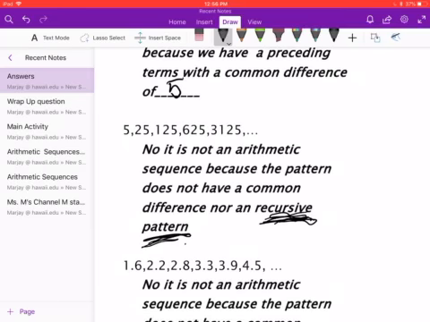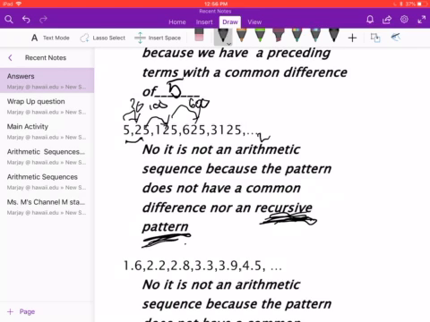So yes, this is not an arithmetic sequence because from 5 to 25 they added 20, but from 25 to 125, they added 100. From 125 to 625, they added 600.